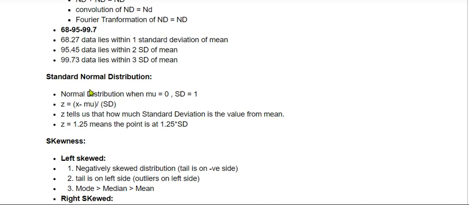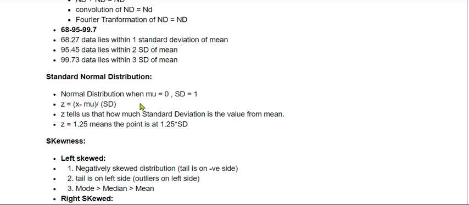Yeah. So next one is: what is the standard normal distribution? We can bring the transformation of any distribution into a normal distribution. If any data is not normally distributed and we want to make it normal, there is the concept of the standard normal distribution, where we make the mean 0 and the standard deviation 1, and for doing that we need a z.